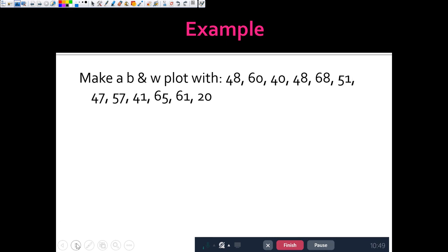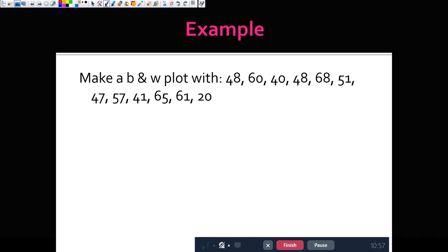Okay, so now we're going to create a box and whisker plot with this data. So I'm going to start with 20.